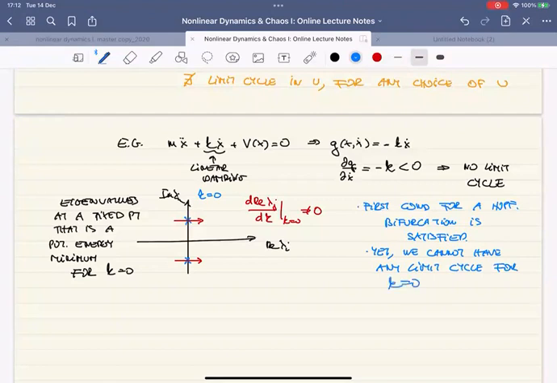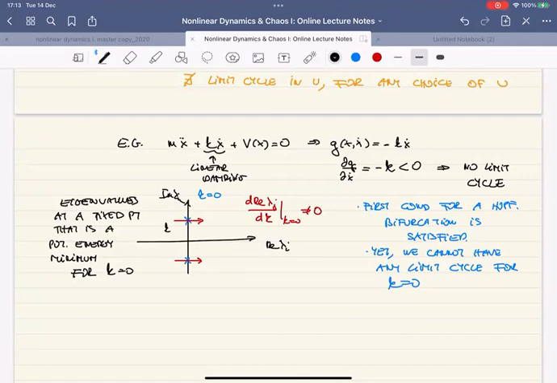I was dwelling on the case when k is less than 0. But if you then switch k back to this side, this is the relevant side. When I turn on k, I think I did the arrow in the wrong direction.